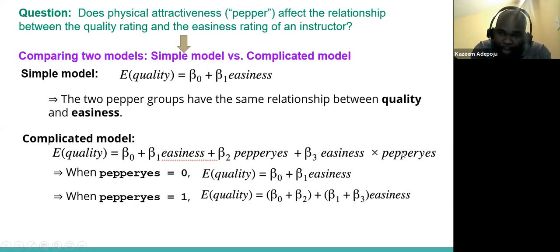When I plug in 1 here, the slope is going to change. I'm actually going to have beta 3 easiness and beta 1 easiness, so it's going to be beta 1 plus beta 3 easiness. That's why I got this. Is there anyone who has trouble figuring out this one?